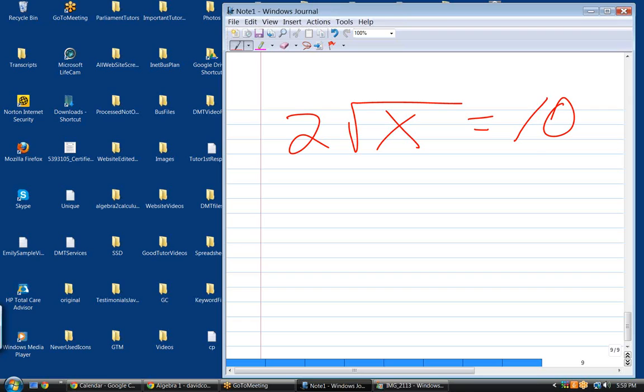Not yet. What you always want to do is isolate the radical before you square both sides. It actually would work if I squared both sides, but I would rather get rid of this 2 first. Remember, when you're solving algebra problems, you always do the inverse of what it is currently doing. That 2 is currently multiplying something. So if I want to get rid of it, I have to divide by 2.